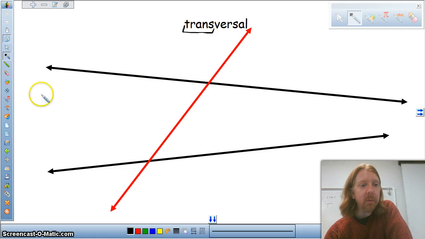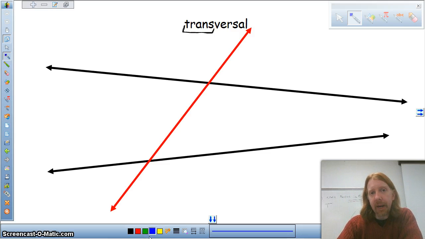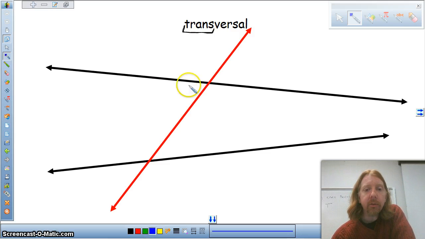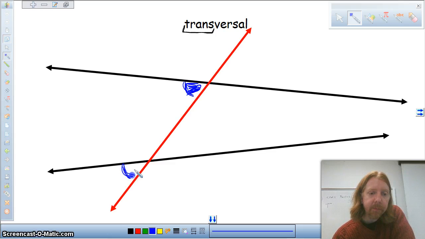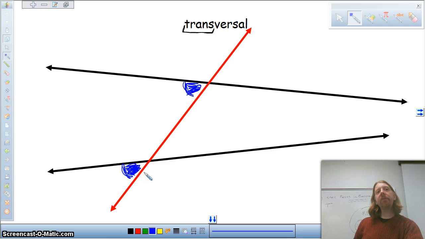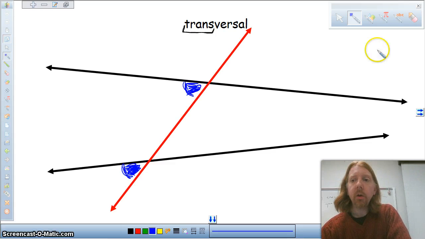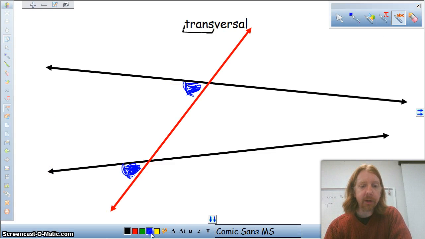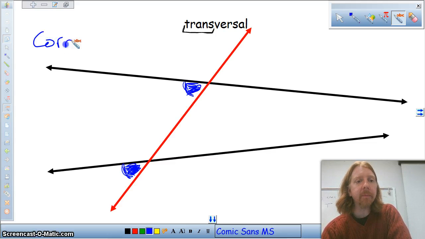So, now that we've got that in front of us, we're going to talk about special angle pairs that are created. So for example, this angle right here and this angle right here are both in the same position. We call those, I'm going to use some color here to help, corresponding.